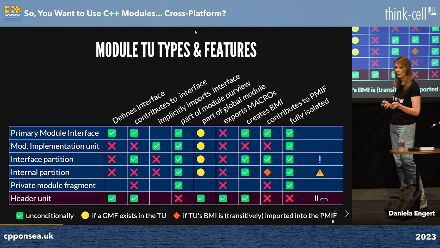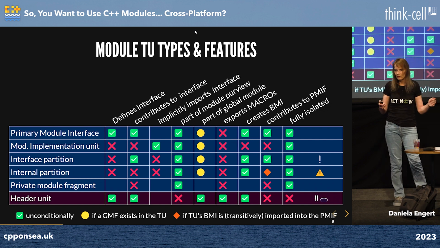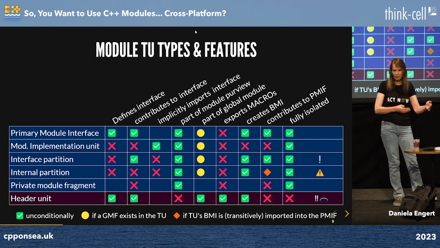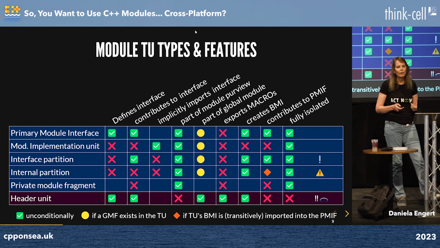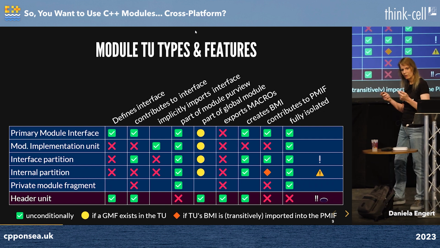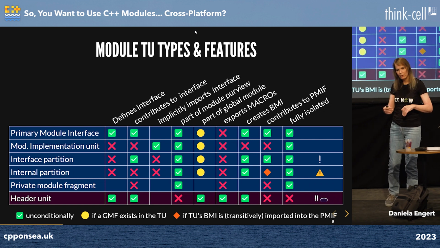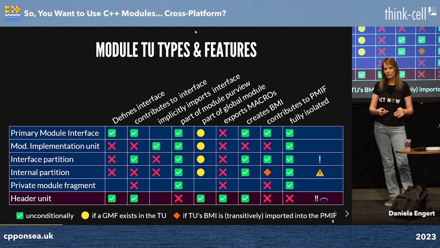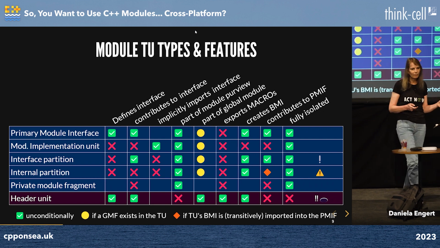And by that, I mean you can't influence the semantic meaning of a module from macros that are part of your importing translation unit. And also, because no macros escape the module, your importing translation unit is not affected by macros within a module. And this is full isolation.